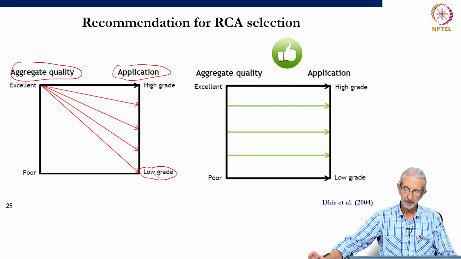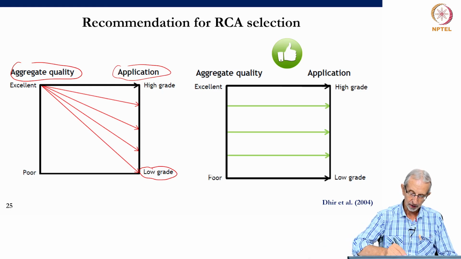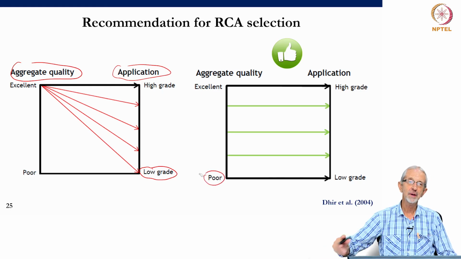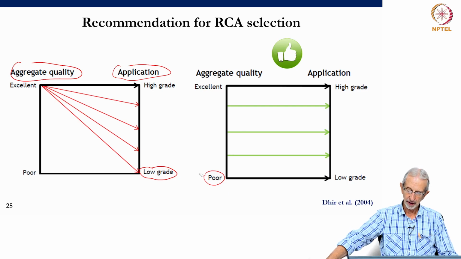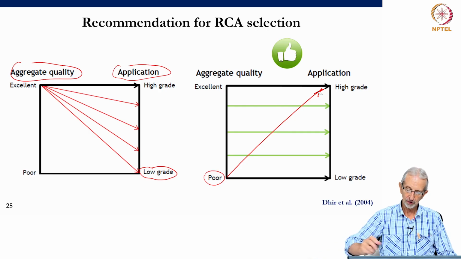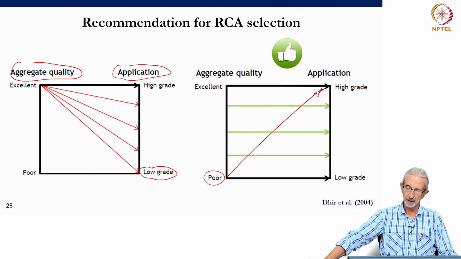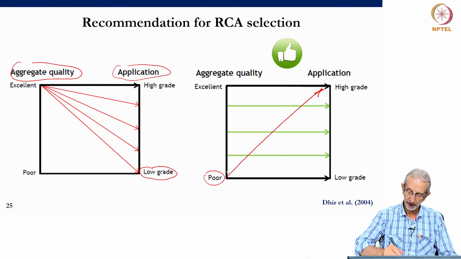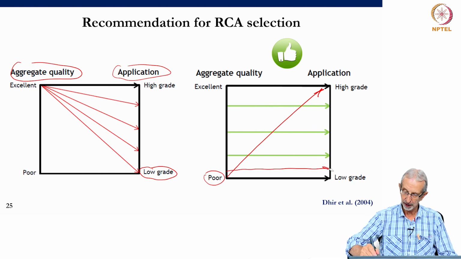On the other hand, if we have poorer quality, which we may get from recycled aggregates, then we would tend to use those in the lower grade applications. There would not be a great deal of sense in spending a huge amount of money and effort to try and turn a poor quality material into a high quality material, where its application may well be much more applicable here.